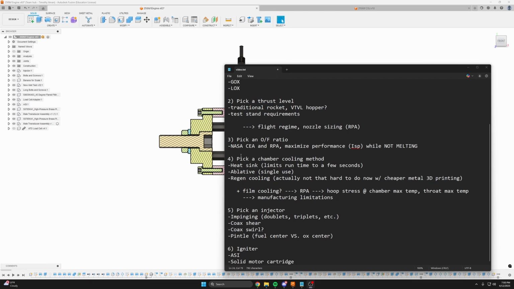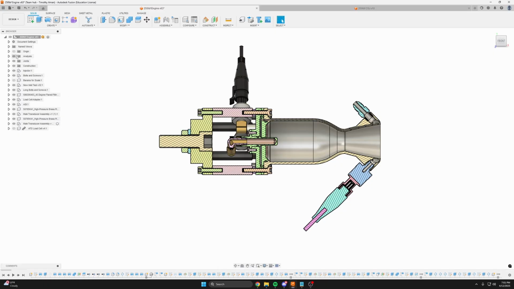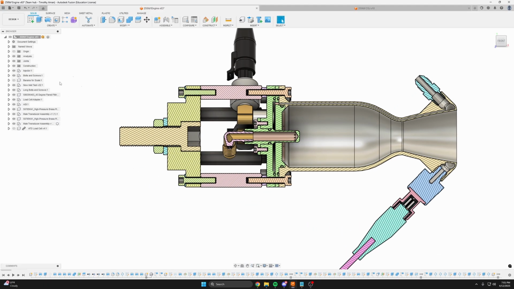And then coupled with that, I would pick the method of cooling your chamber. Like I mentioned, you could have a heatsink chamber that just fires for a few seconds, but that really limits your runtime, but they're simpler to make. You can design it such that a heatsink engine can use the same injector as, let's say you're designing an engine and you want to test just the injector.